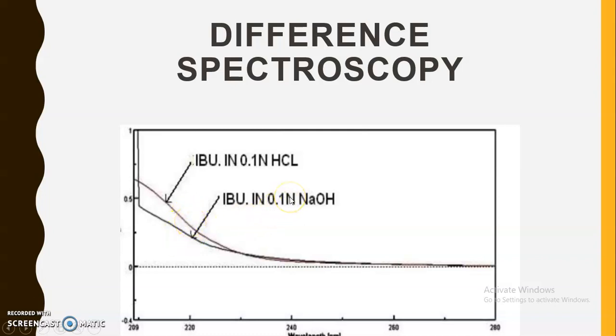So by using that formula, delta A is equal to absorbance in the alkaline medium minus absorbance in the acidic medium, we can check the difference in the absorbance in the two solutions. So these are the various ways by which we can use multi-component estimation methods for calculating the concentration of different drugs.